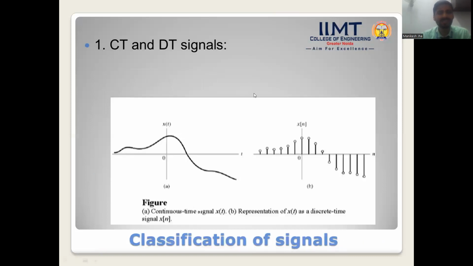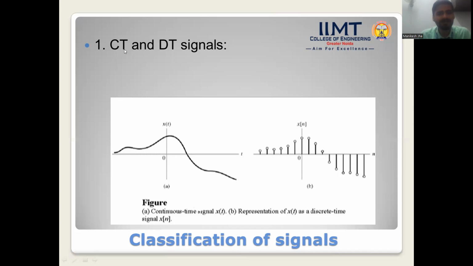One more thing when we discuss the basics of signals: there are two basic types of signals. One is CT and the other is DT. What are CT and DT? CT stands for continuous time signals and DT stands for discrete time signals.